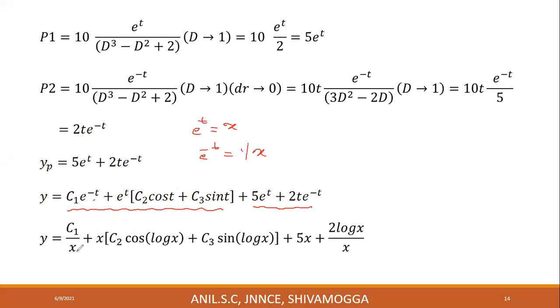Therefore, 1 by x into c1, plus c2 into cos t, where log x is equal to t. This is the substitution. Therefore, c2 into cos of log x plus c3 into sin of log x plus 5 into e power t, which is x, plus 2t, 2 log x into e power minus t, which is 1 by x.